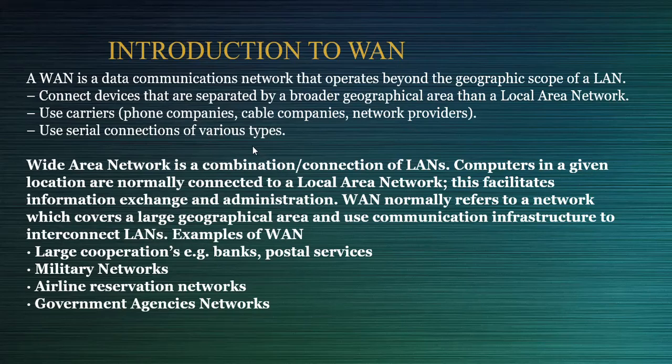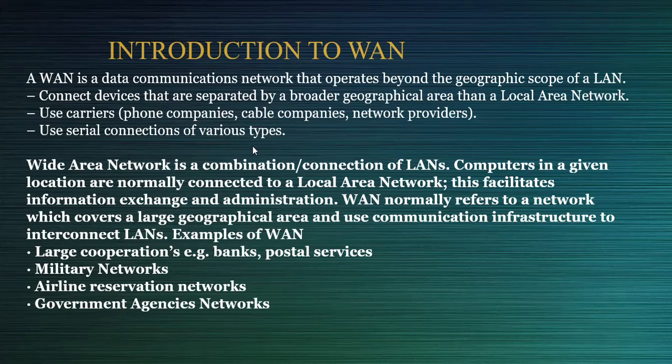So a wide area network is a combination or connection of local area networks. There are several local area networks connected together. They form a wide area network. Computers in a given location are normally connected to a local area network. This facilitates information exchange and administration.